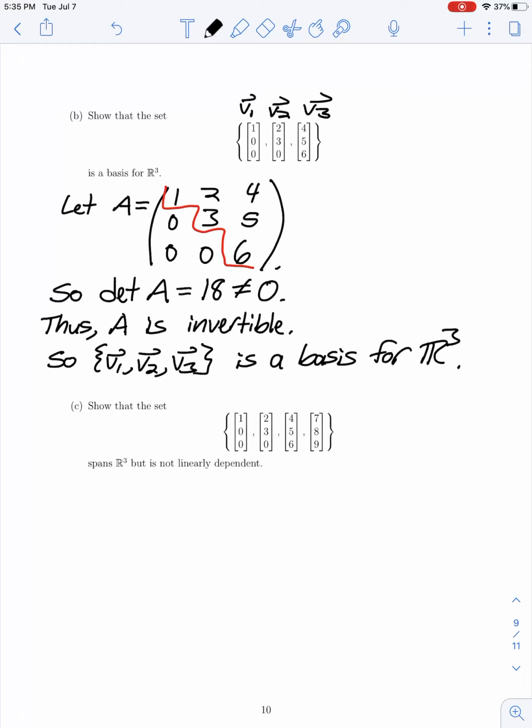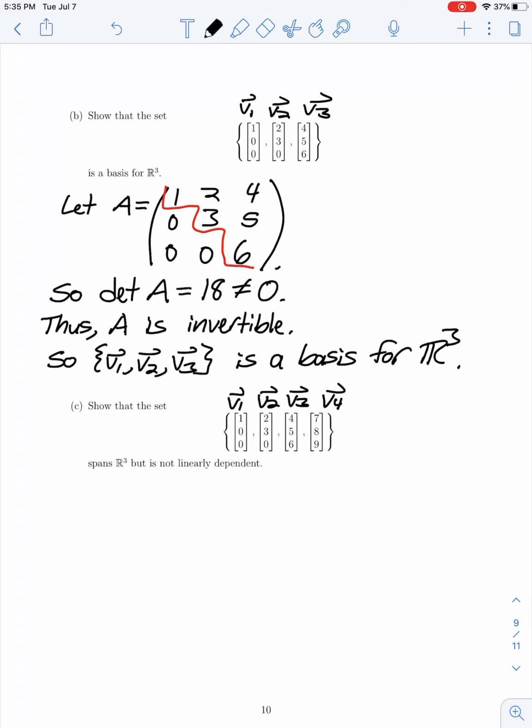Now in part C, we are considering a set of vectors v1, v2, and v3 as with part B, and then we add a fourth vector v4, and we're supposed to show that this spans R3 but is not linearly independent.